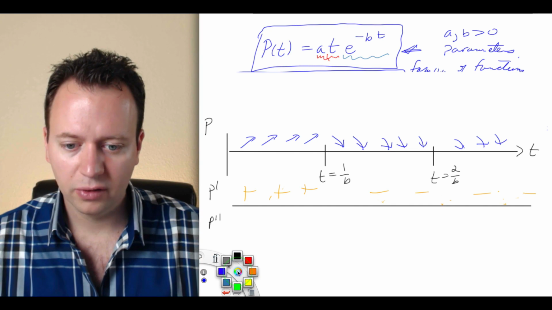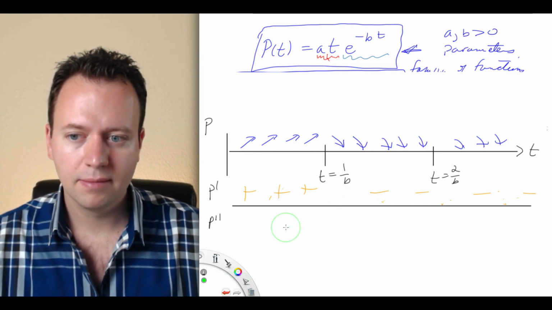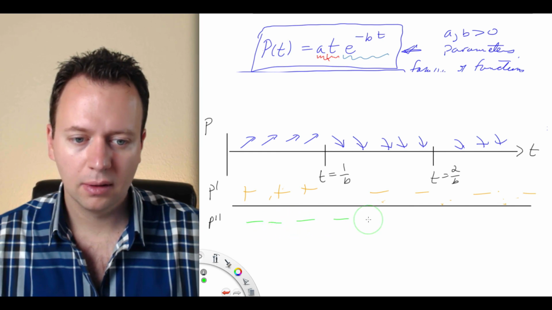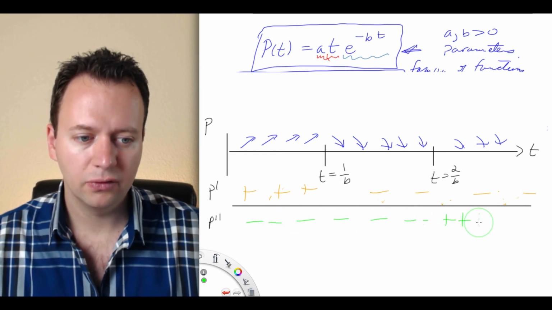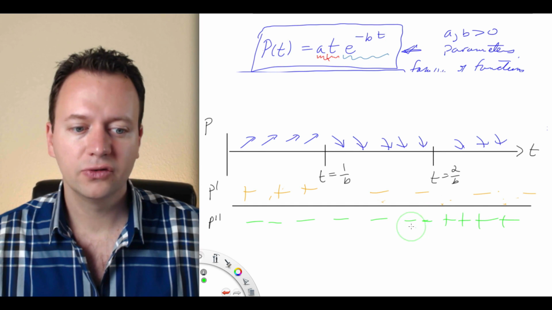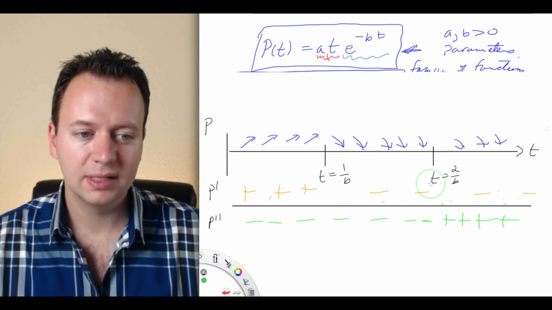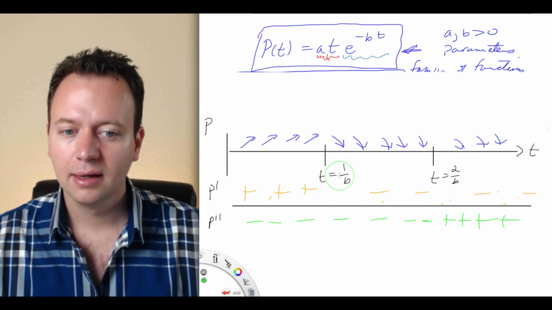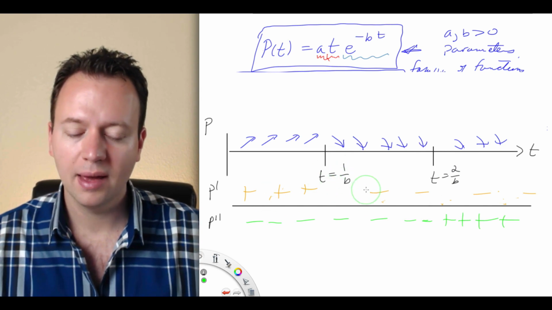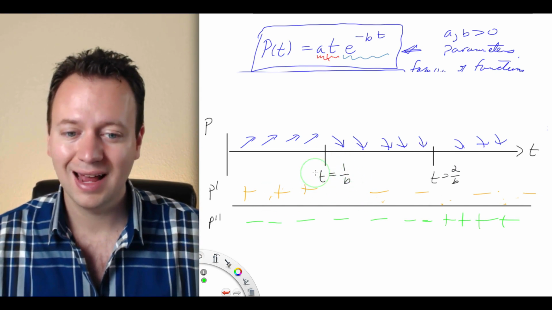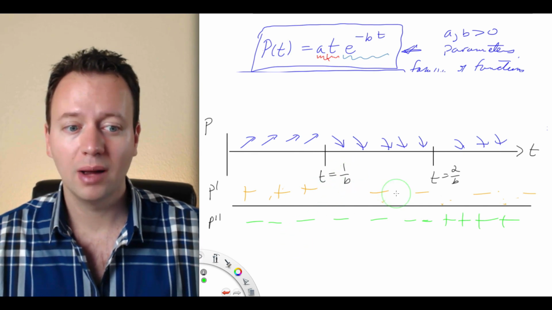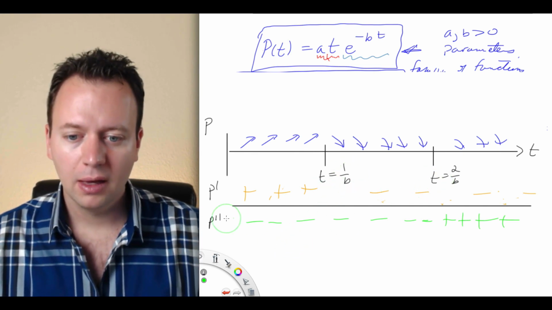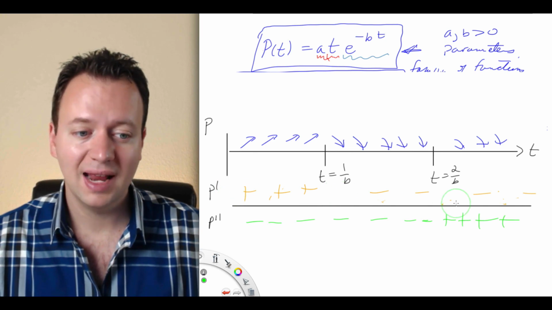Now the second derivative went from negative to positive. And the transfer for the second derivative happened when t is equal to 2 over b, which is twice the time as the change in sign for p prime. So p prime changes sign at 1 over b, whereas p double prime changes sign at 2 over b. And p prime goes from positive to negative, p double prime goes from negative to positive.